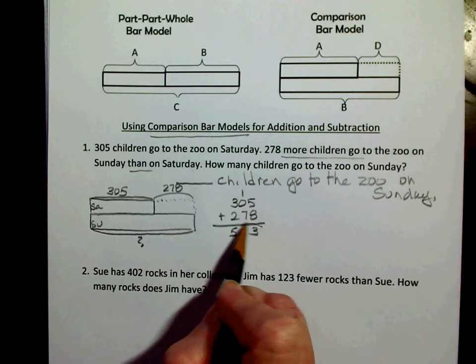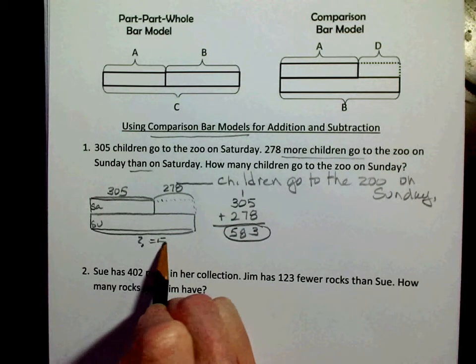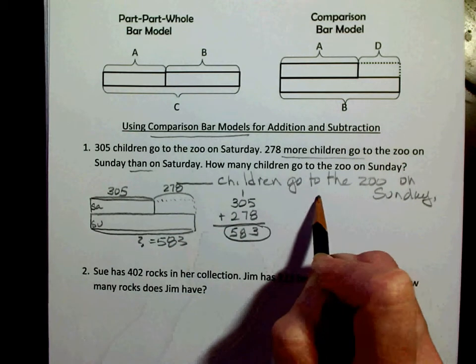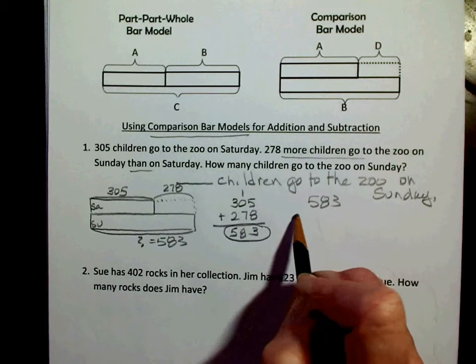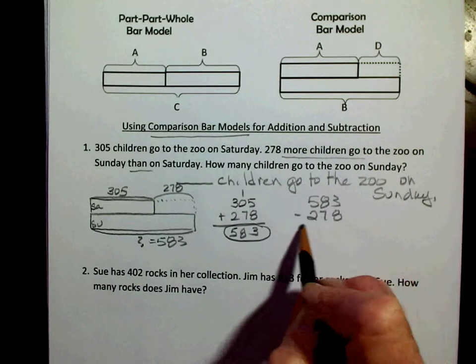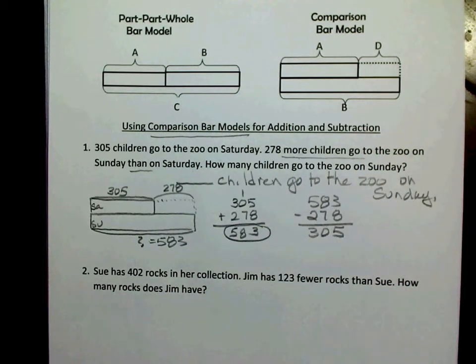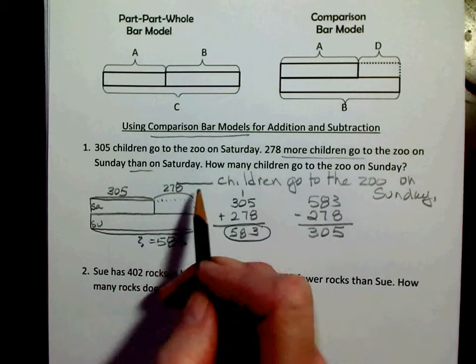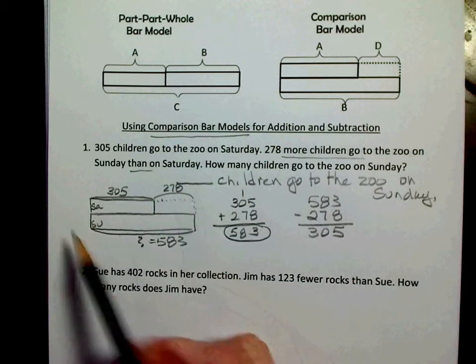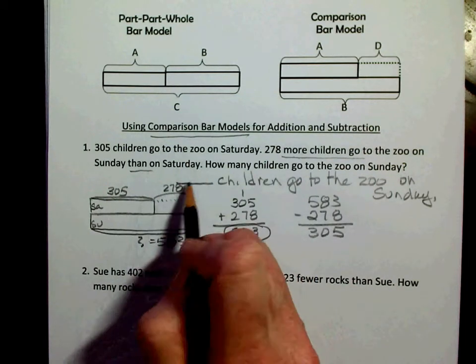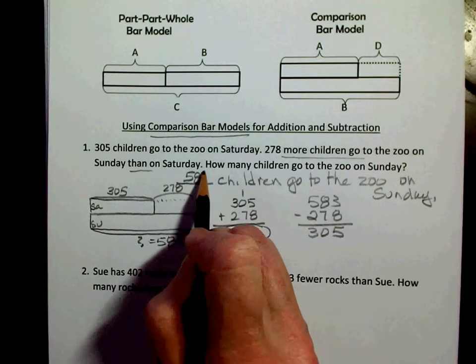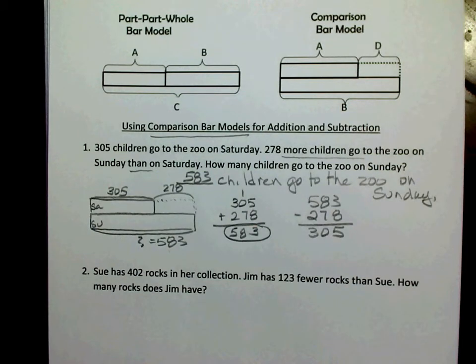So I circle my answer, equals 583, and then my students would be checking it with the inverse operation. And again, hopefully they would come up with 305, but for time's sake, I'm not going to do that for you. And I can put that in my answer box because it looks reasonable. It should be the biggest number, and it is. 583 children go to the zoo on Sunday.